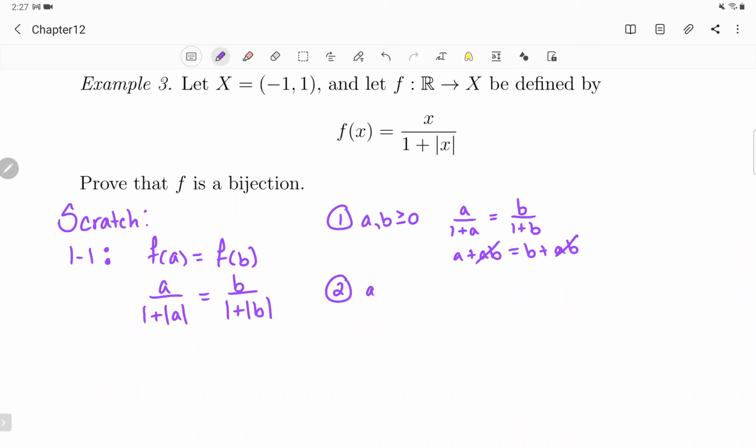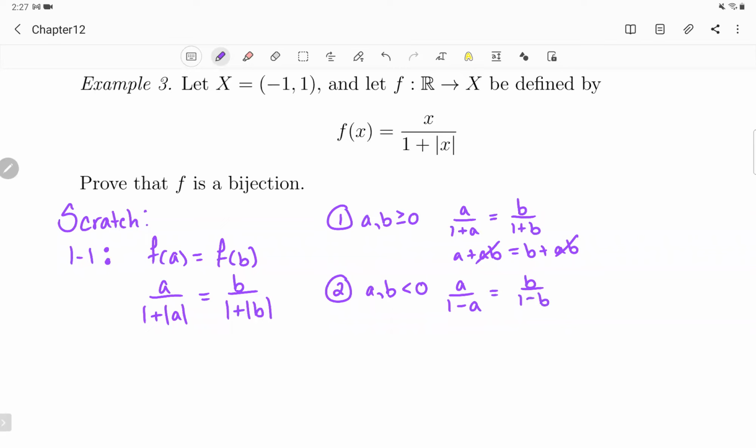Case 2. A and B are both negative. What is the absolute value going to do? How do I write it so it stays positive? If A is negative, what's the absolute value of A? Yeah, I put a minus in front of that negative thing, because minus a negative is positive.